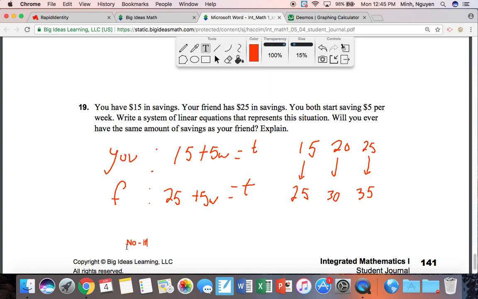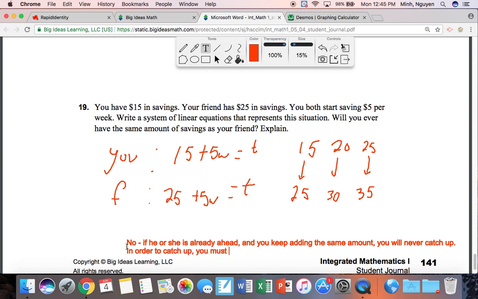No. If he or she is already ahead, and you keep adding the same amount, you will never catch up. In order to catch up, you must save more than the friend each week.